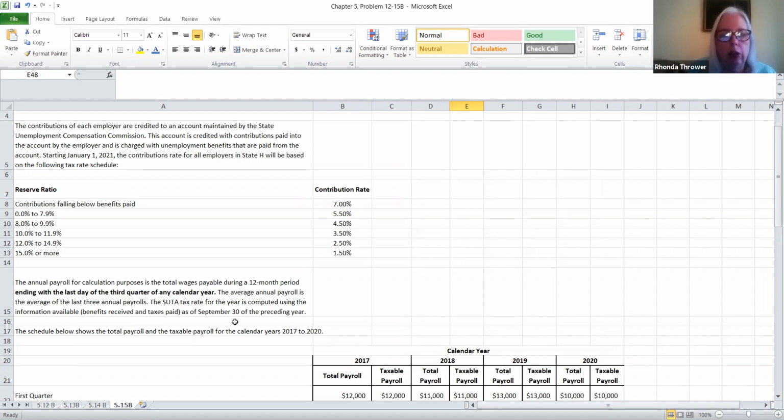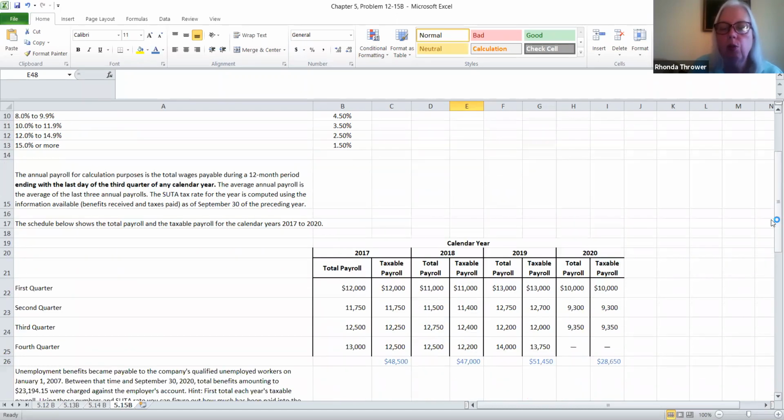The schedule below shows the total payroll and the taxable payroll for the calendar years 2017 all the way through 2020. It's showing you the total payroll for each quarter of the year. This is what was actually paid.